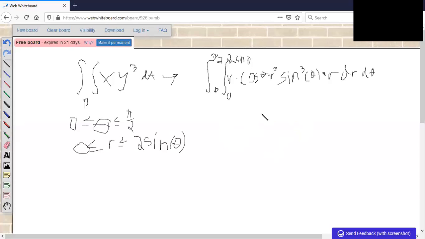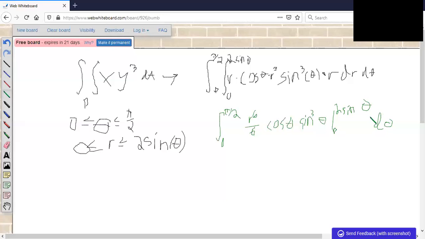So when we actually integrate, we're going to get an integral of r to the 6th over 6 times cosine of theta times sine cubed of theta, evaluated from 0 to 2 sine of theta, d theta.